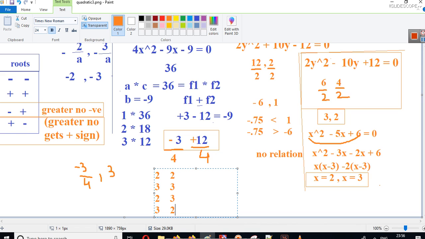Or you can write it like this also. Instead of this, first write x as 2, x as 3, then do this and 3. So sometimes you will get negative, that means y is greater than x. Sometimes you will get x is greater than y, and sometimes they are equal.